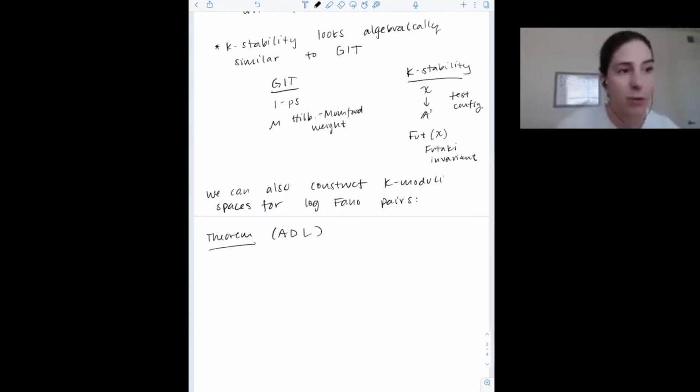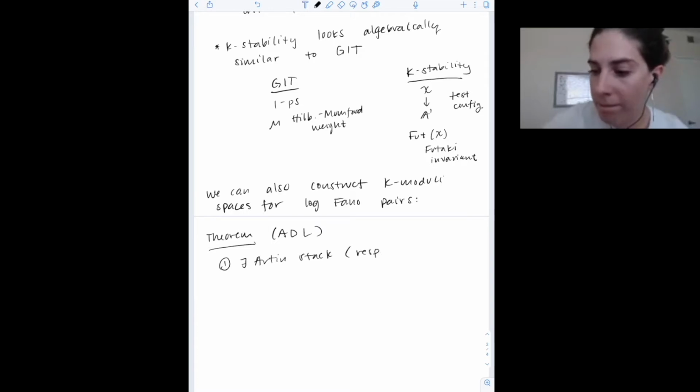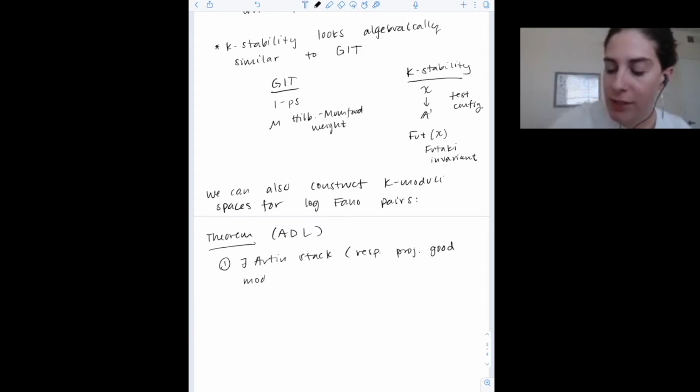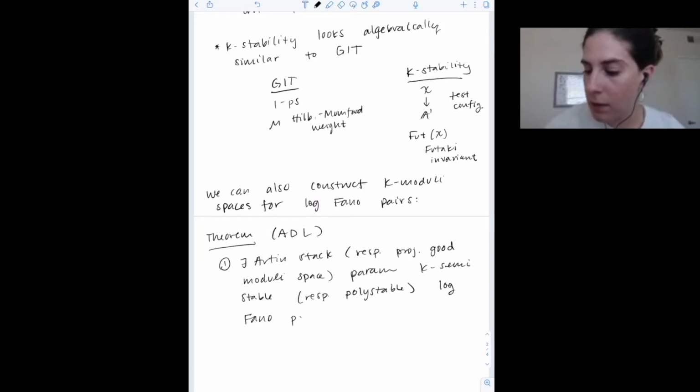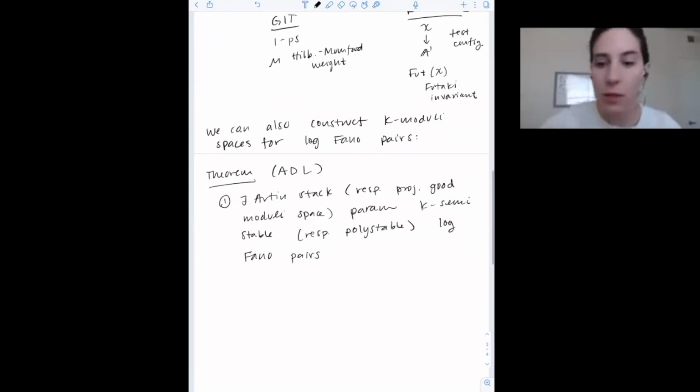Together with Kenny and Yuchen, we proved that part one, you can do the same result as the Li, Wang, Xu theorem, saying there's an Artin stack, or respectively a projective good moduli space that parameterizes K semi-stable log Fano, or polystable log Fano pairs, satisfying a few conditions.